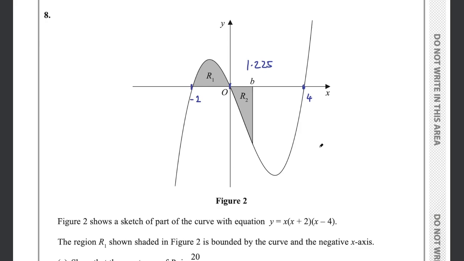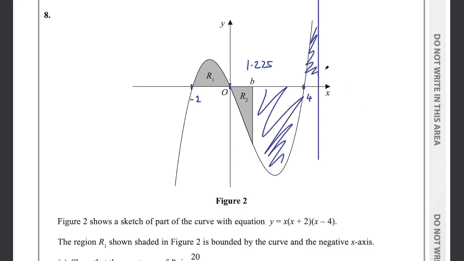So let's draw in a line, and then the area under the curve under these two bits must be equal, right? Because they effectively cancel each other out. So this would be the other value of b, for which these two areas cancel out, and we're still left with this area of −20/3 between 0 and b.